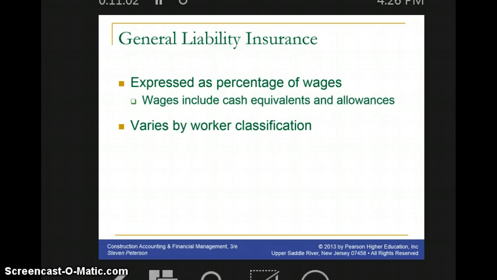So, for example, the general liability insurance of a site work contractor could be higher than the general liability insurance of a painting contractor, in the sense that the highway or site contractor will utilize heavy equipment and machinery that could potentially affect the work of others, as a higher risk in terms of risk here.